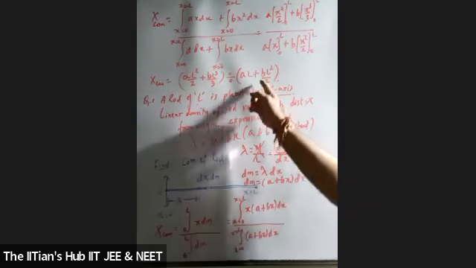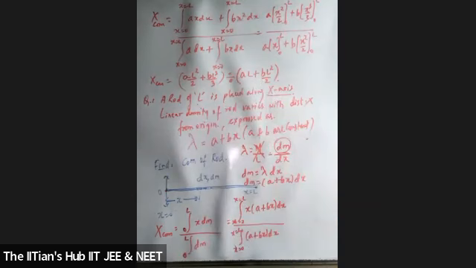So solve this and get me the final answer. You'll get the final answer as students 3AL plus 2BL square upon 6A plus 3BL.